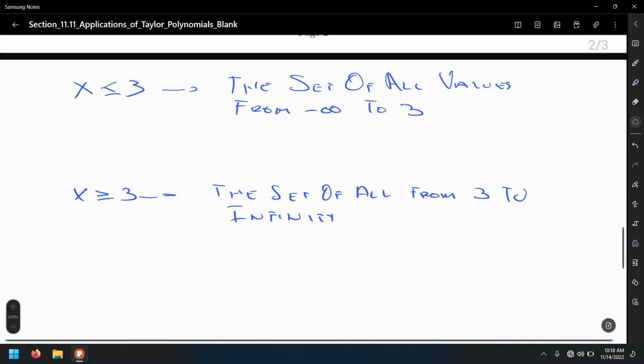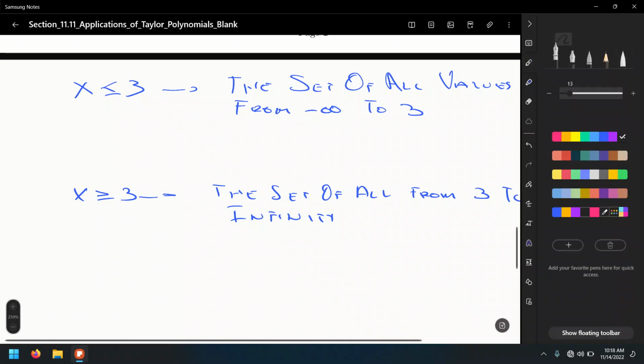Okay, so the fact that we have all these values from negative infinity to 3, well, how about we graph them? So that's 0, that's 1, 2, 3. That's basically this inequality.